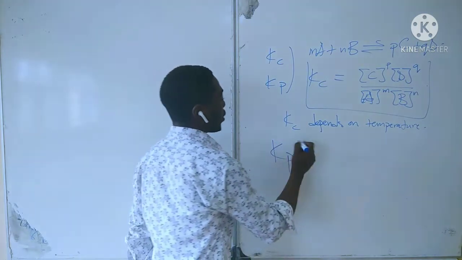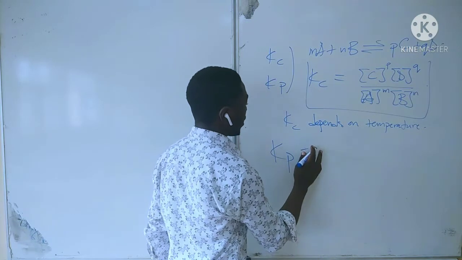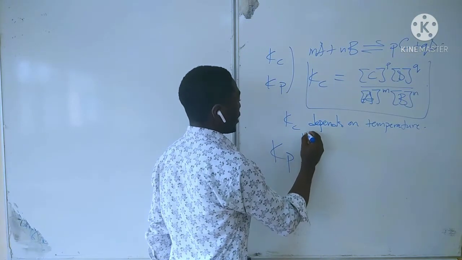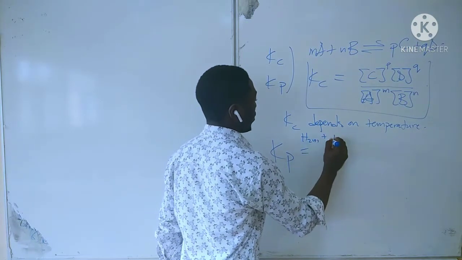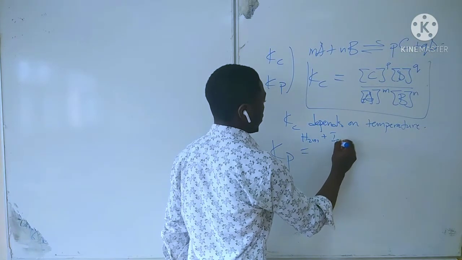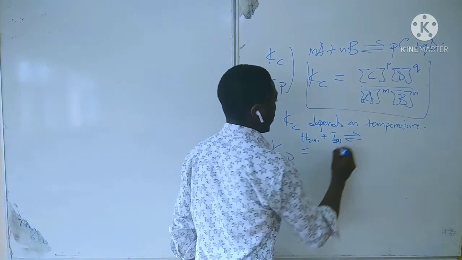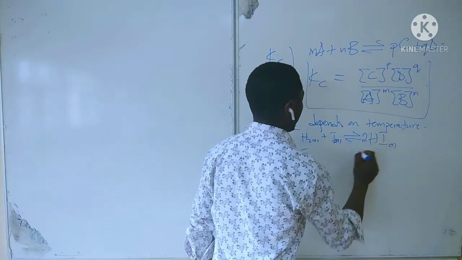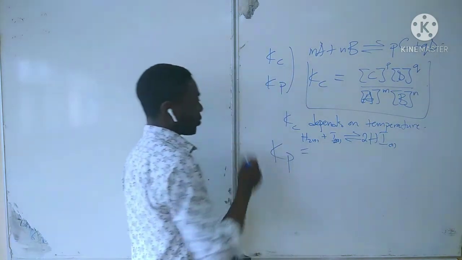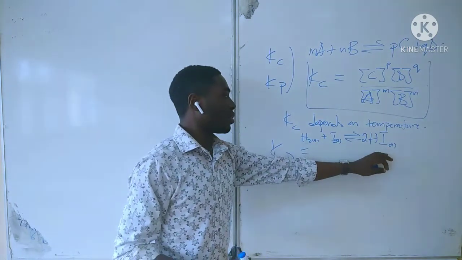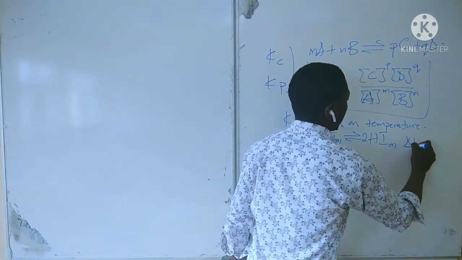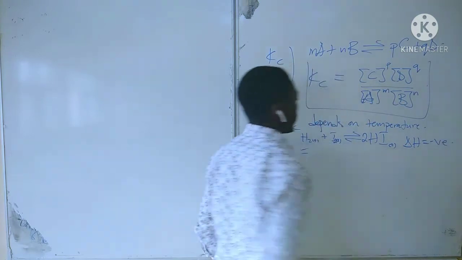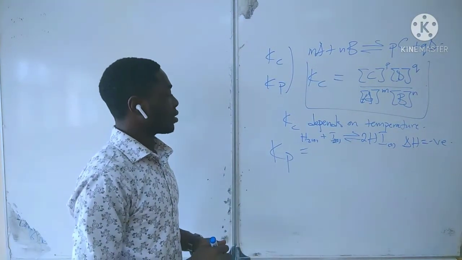For example, if I have hydrogen gas plus iodine gas combining to give hydrogen iodide gas, this is a gaseous system, and of course the reaction is exothermic, meaning that it's going to release a lot of heat.